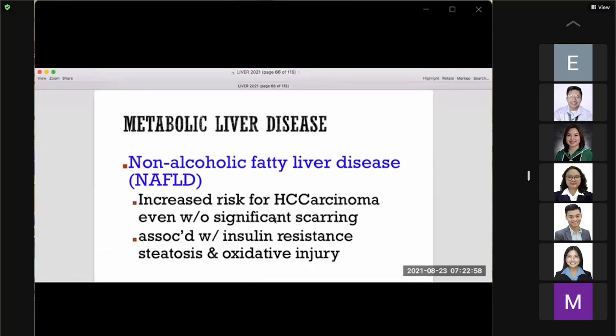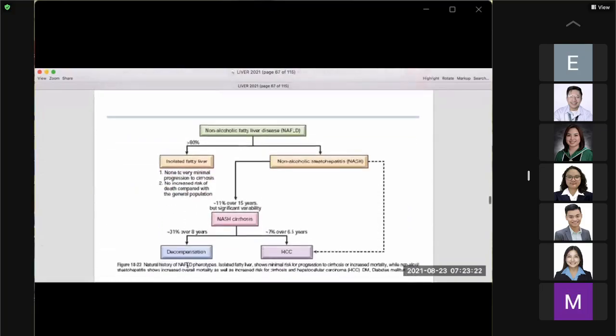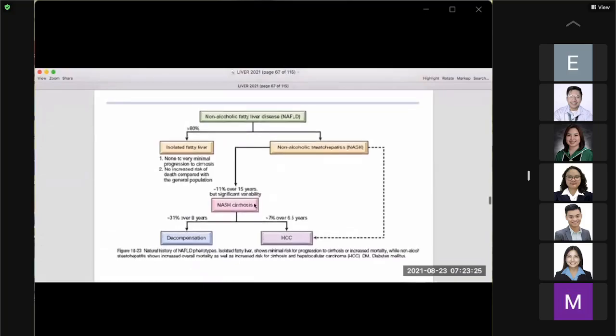But this one, non-alcoholic fatty liver disease, even without significant scarring, can lead to hepatocellular carcinoma. In alcoholic liver cirrhosis, it leads as well to hepatocellular carcinoma. Now, this is associated with insulin resistance, steatosis, as well as oxidative injury. So this is the flow that we can observe here.